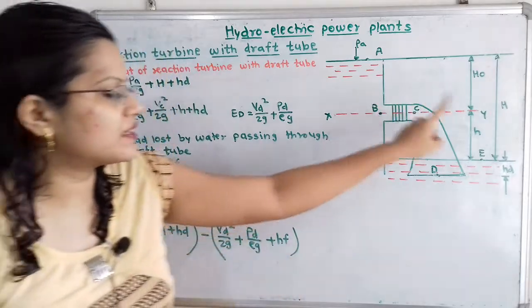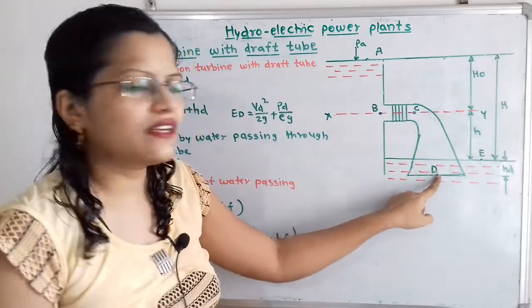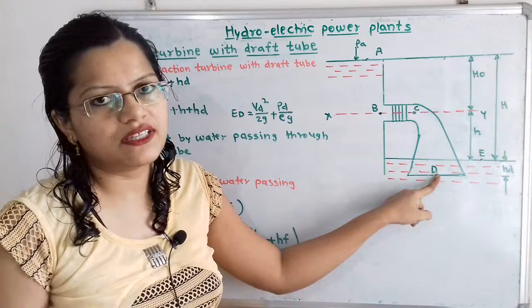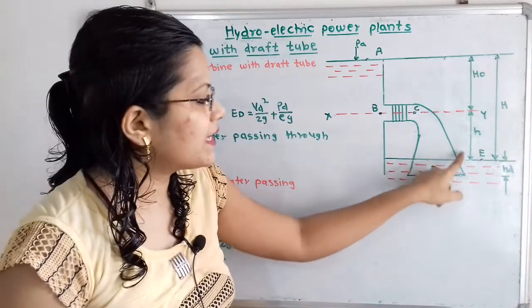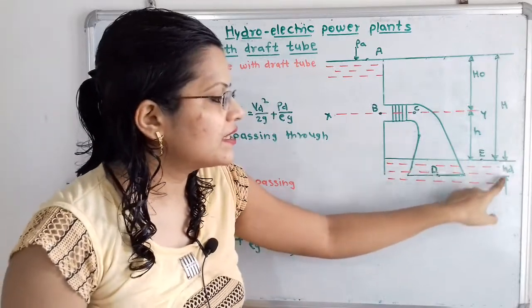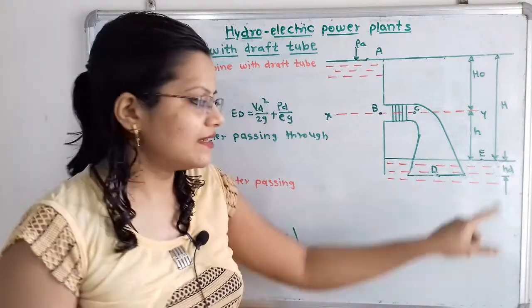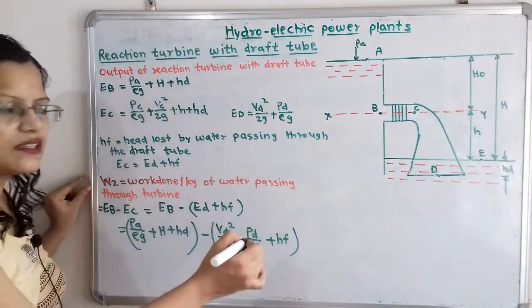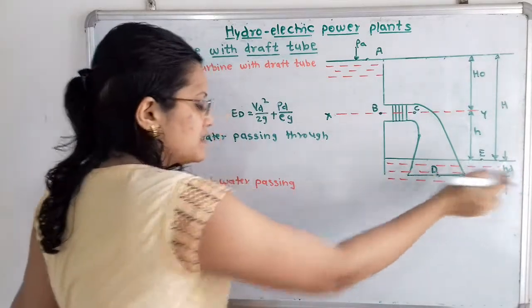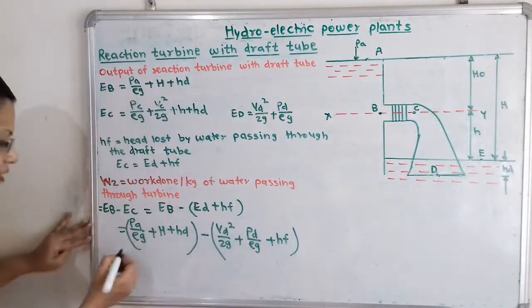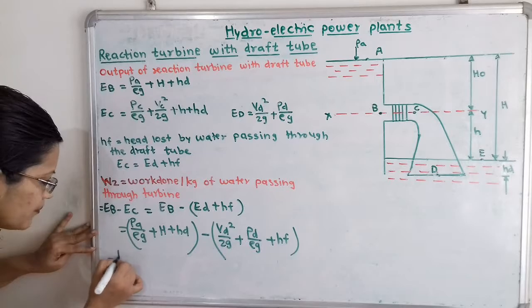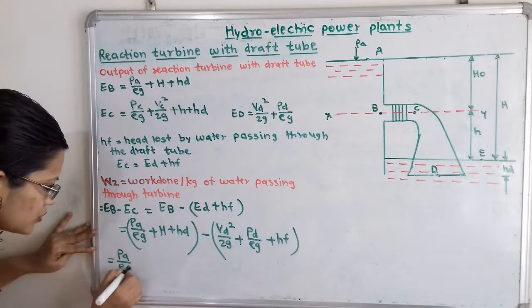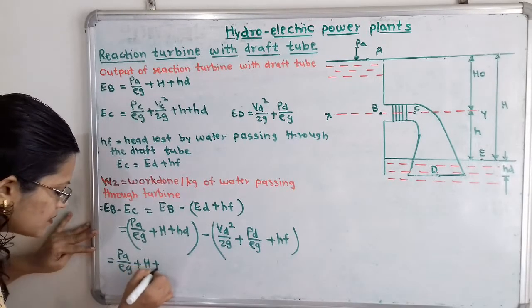So if we observe this diagram, how we can define this pressure head at this point D, that is PA by rho G plus this height HD, vertical height HD. So we can write PD by rho G, that is nothing but PA by rho G plus HD. So I will write here, which is equal to PA by rho G plus H plus HD.